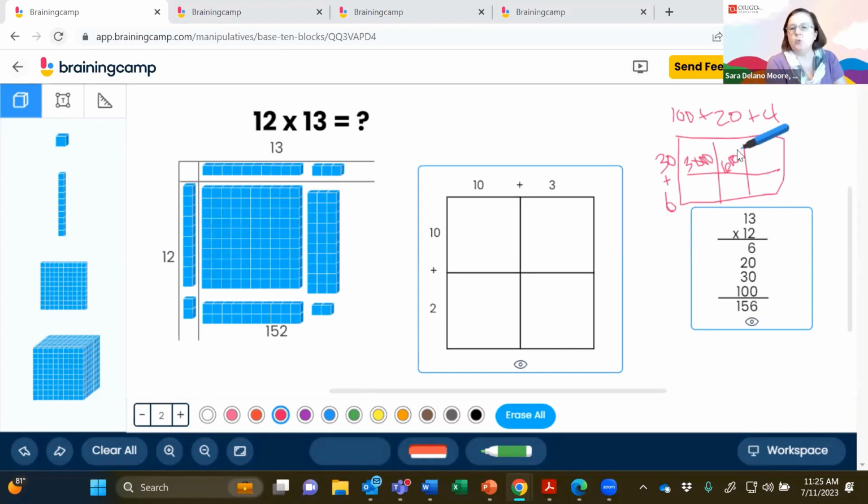That's not practical with the blocks, either physically or virtually, because wonky stuff goes on. But this approach and then the partial products approach on the right work great no matter how big the numbers are. It's a terrific way of thinking about it.